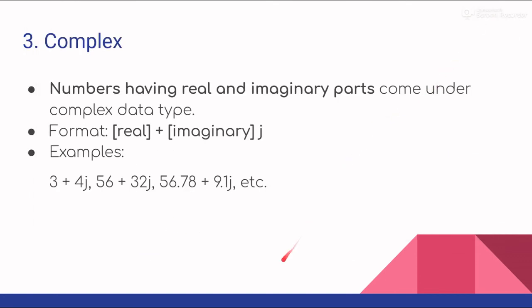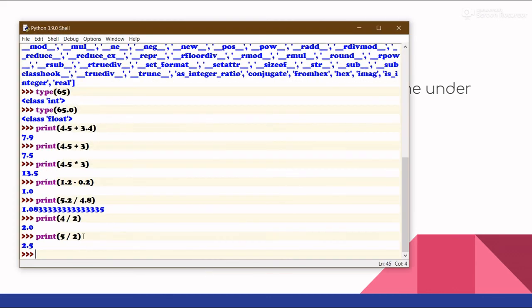So let's say we have to make a complex number. Let's say the variable name is com, and let's create a number called 3 plus 6j. Now what does 3 plus 6j mean over here? 3 plus 6j is a complex number which has 3 as the real part and 6j as the imaginary part, right?